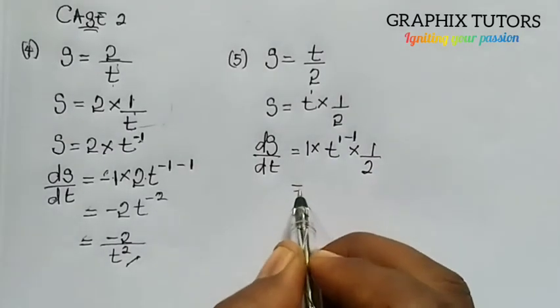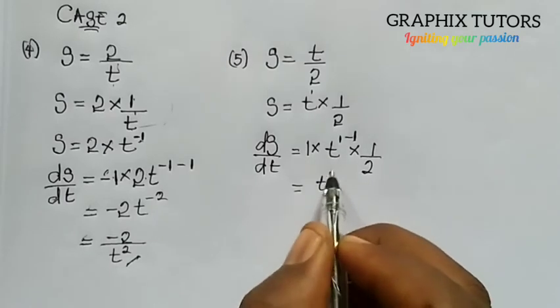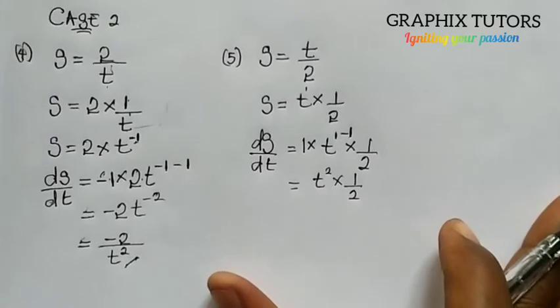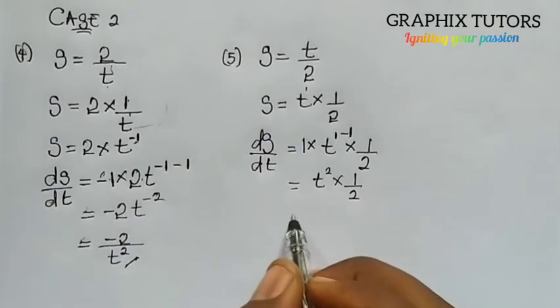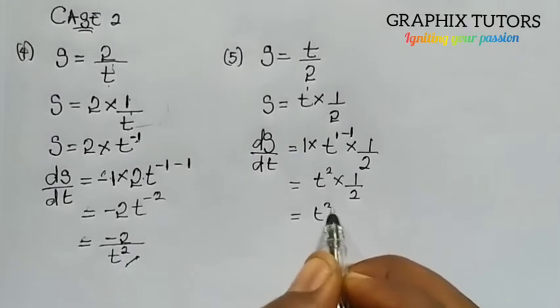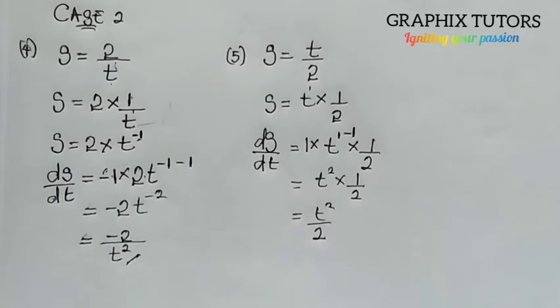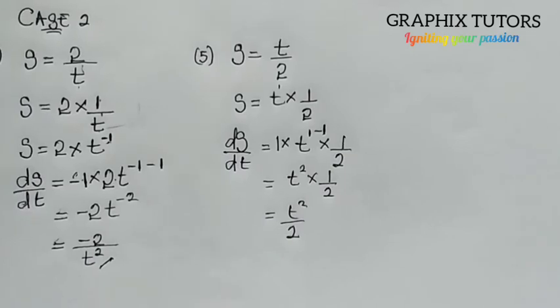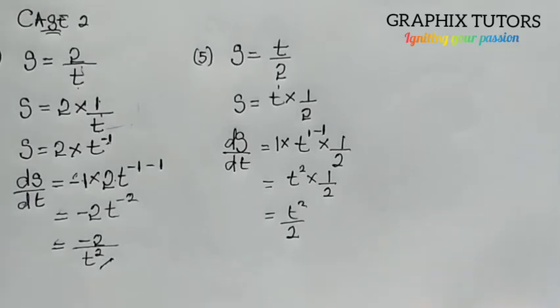And this will give me 1 times t to the power 0 multiplied by 1 all over 2, right? And this is the same thing as saying t all over 2, right? So that's in terms of fraction. It can be in any way, right? So let's move further to case 3.